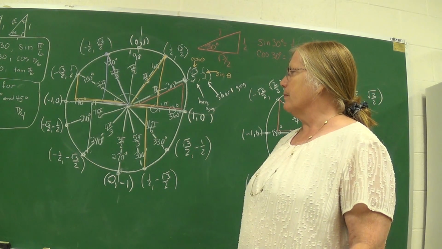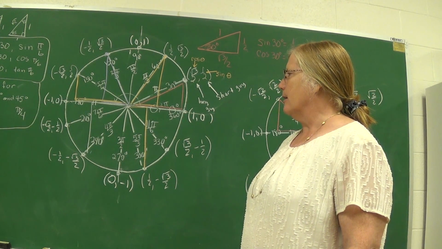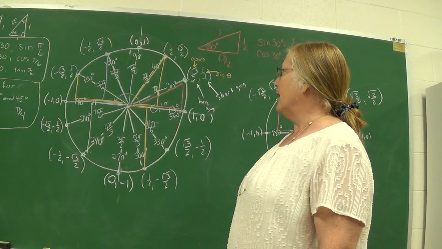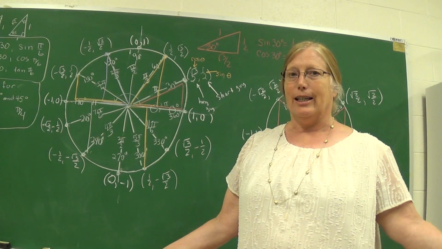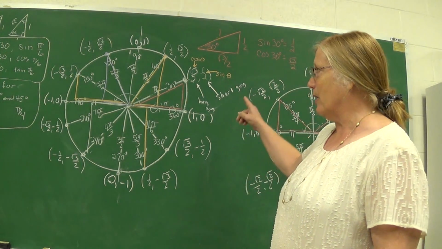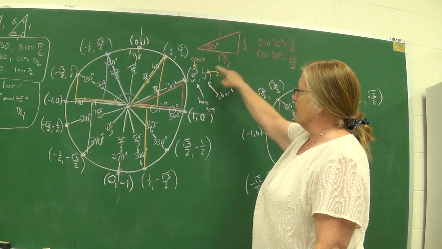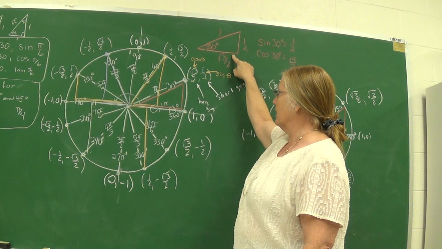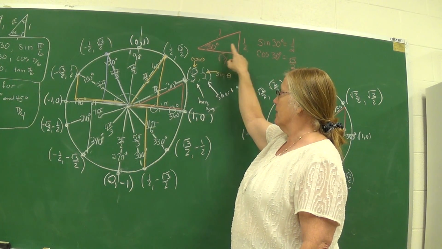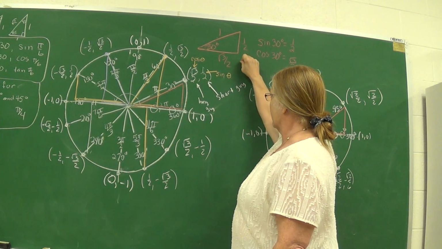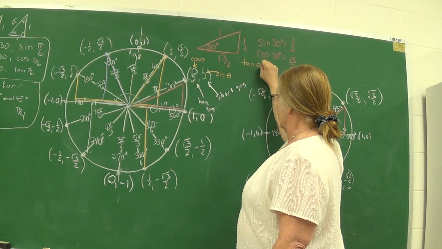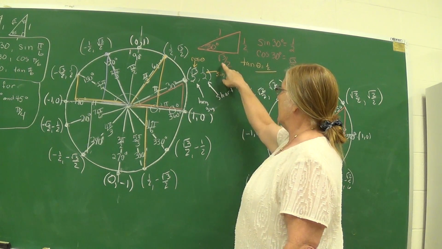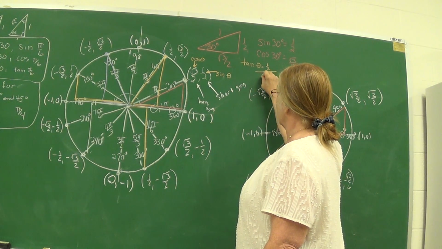Let's conclude this by saying, where's tangent? All right, back to the drawing board. Back to this piece, let's see if we can find tangent. It turns out that the tangent of this triangle is opposite 1/2 divided by adjacent, square root of 3 over 2.